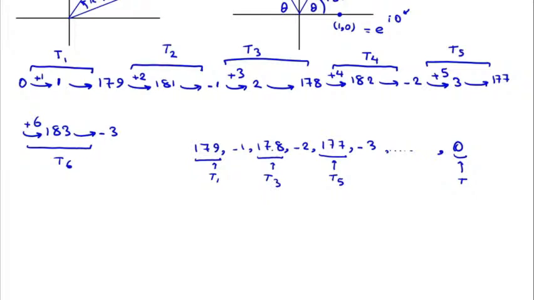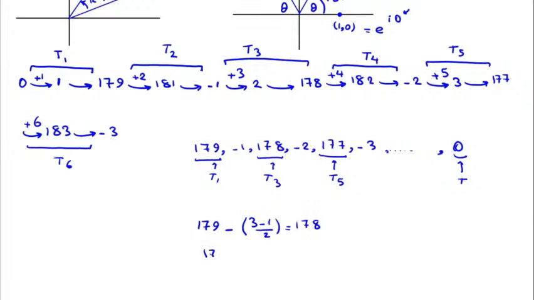For 3, it will be 178. For 5, the distance is 2, but the distance from 179 is, so you should consider the distance divided by 2. So 179 minus (3 minus 1)/2 will be 178.